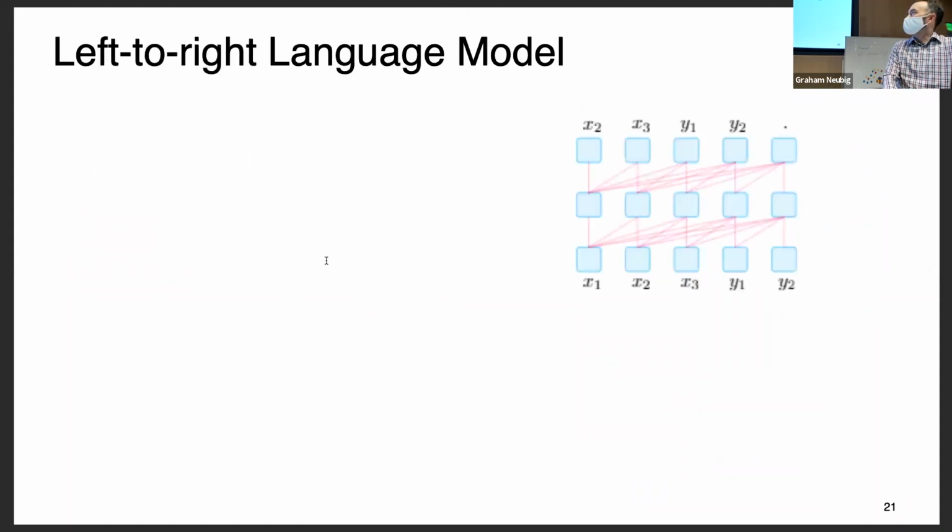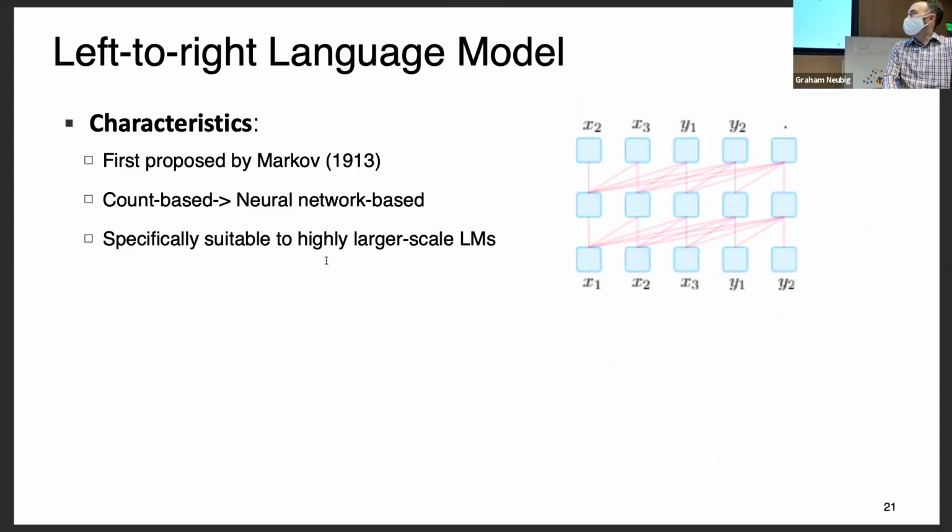So left to right language models, because we've covered them already, I won't go into a bunch of detail, but an interesting tidbit: we've all heard of Markov models. Does anyone know what Markov models were first designed to do? Any ideas? What were they first applied to?